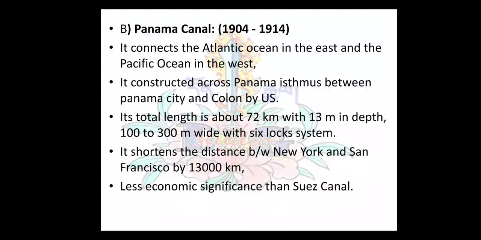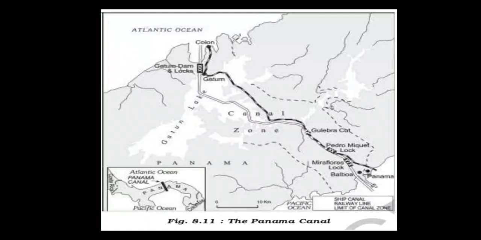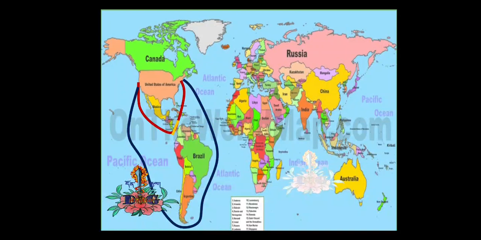The next important canal that we are going to discuss here is the Panama Canal. This canal connects the Atlantic Ocean in the east and the Pacific Ocean in the west. Here again I have made two lines, one red line and another dark blue line.